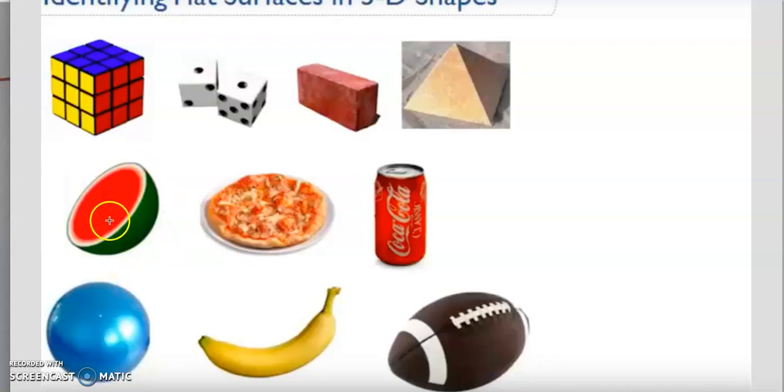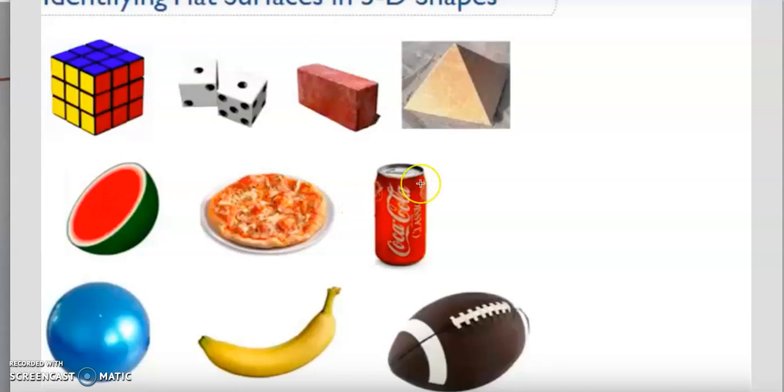Yeah, so this one has both flat and curved surfaces. And this too, one side of the pizza is just flat, right? But the outer part of the pizza is curved. Yeah, it's not a square or a rectangle, it's a circle, so curved and flat.